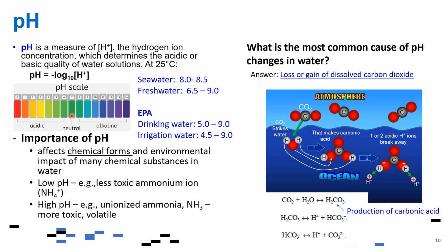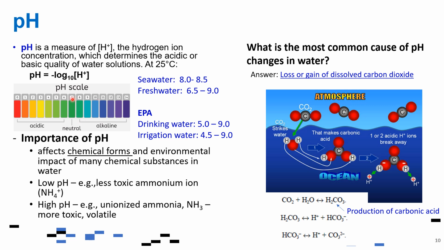So we know that the pH scale, based on this formula, is the negative log 10 of the hydrogen ion concentration. You can use this formula to calculate the hydrogen ion concentration, or you can calculate the pH of the solution if the hydrogen ion concentration is known.